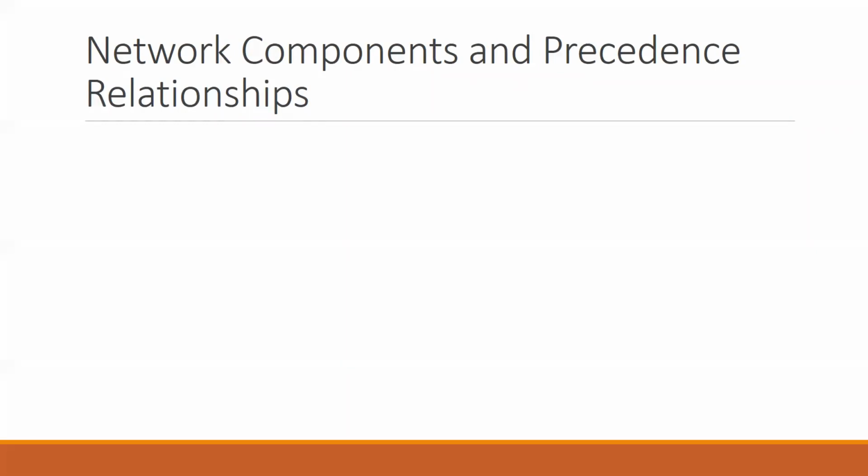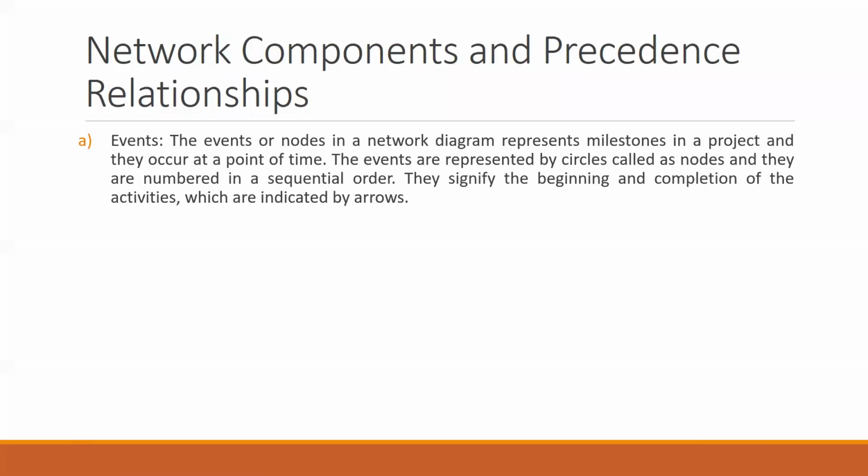First of all, in a network diagram you'll find there are two things: one is the event and the other is the activity. Now, what is an event here? The event, or node, in a network diagram represents a milestone in a project, and it occurs at a particular point in time. For example, from the starting event to the completion of the event, it takes say 4 days.